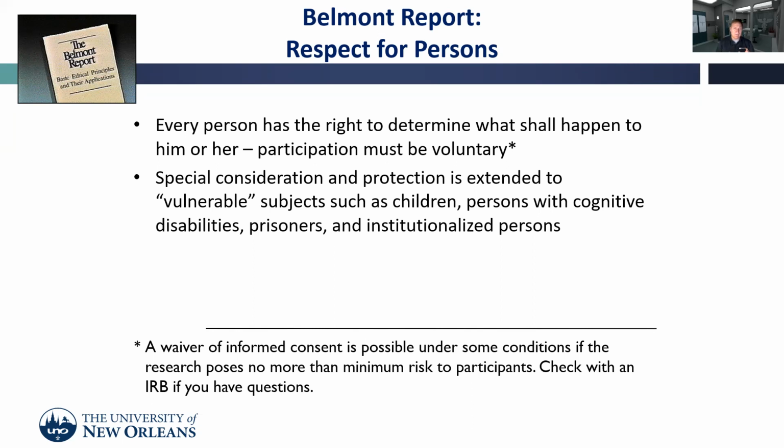So again, we have to recognize that people have a right to say no. People need to be capable of saying yes or no and understanding what yes or no means.